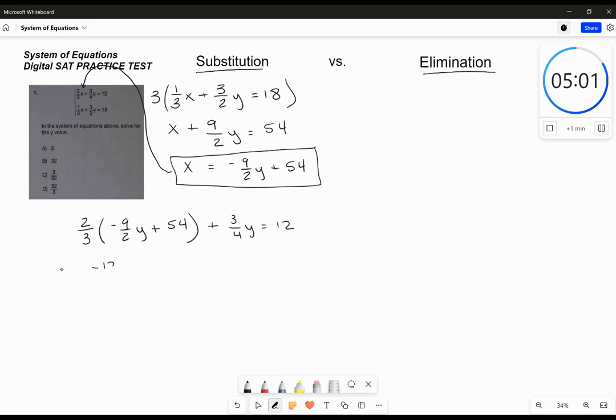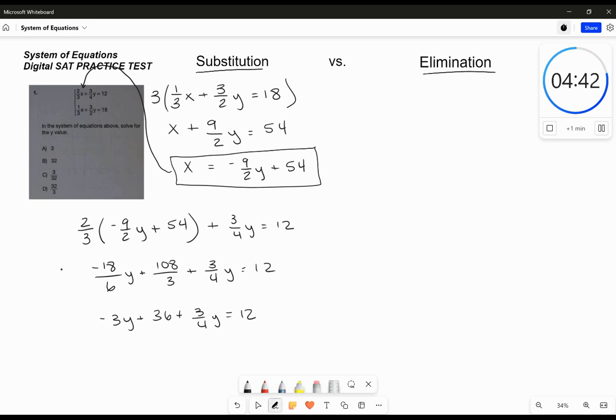All right, so let's distribute this 2/3 through. Plus 108/3 plus 3/4 y equals 12. This is negative 3 plus 36 plus 3/4 y equals 12.